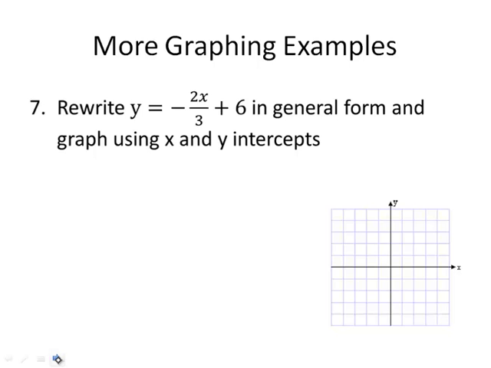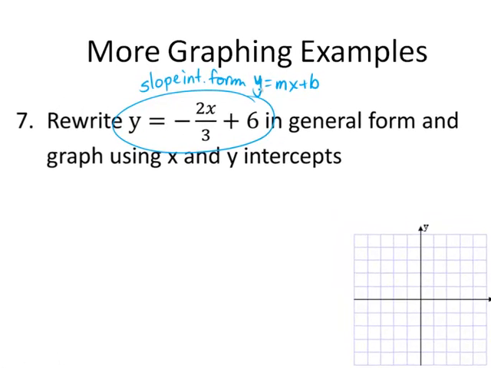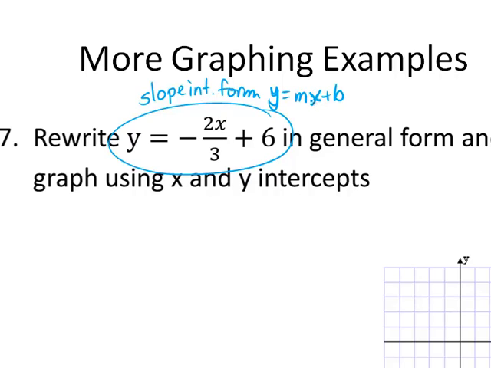Let's look at some examples of that. So say you had an equation like this. It is currently in slope-intercept form, which was y equals mx plus b. The y is by itself and the x is integrated into the rest.